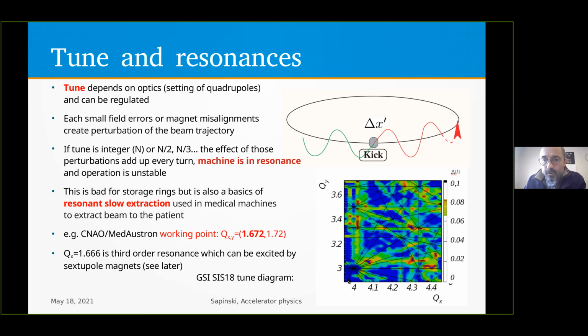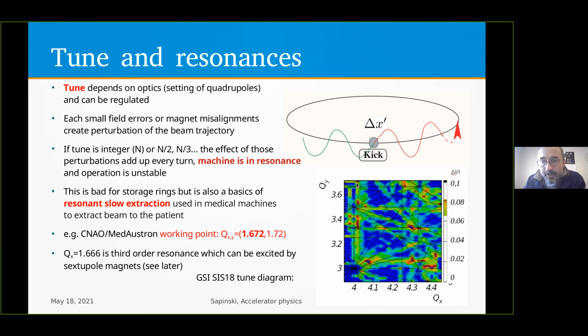Here you see something which is called a tune diagram of one of the machines at GSI. And you see there are lines. So this is, for instance, the line where the horizontal tune is 4. You cannot operate at a tune exactly equal to 4.